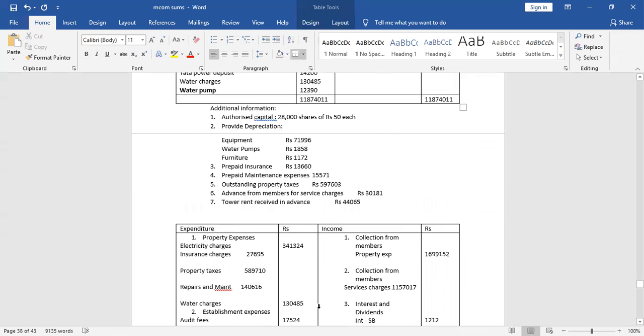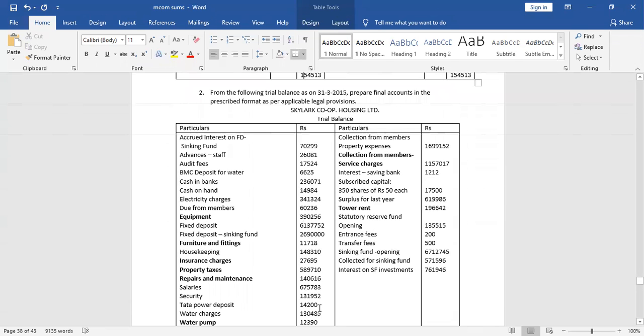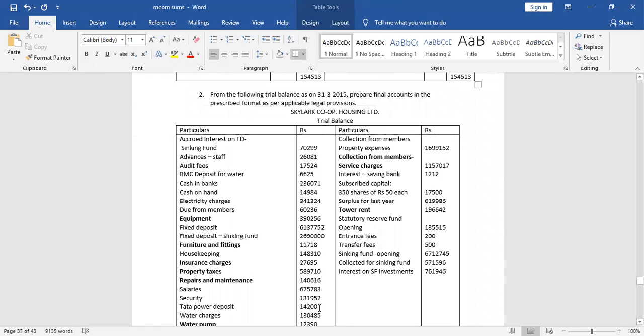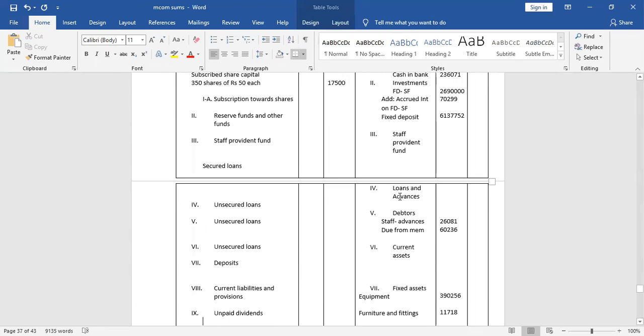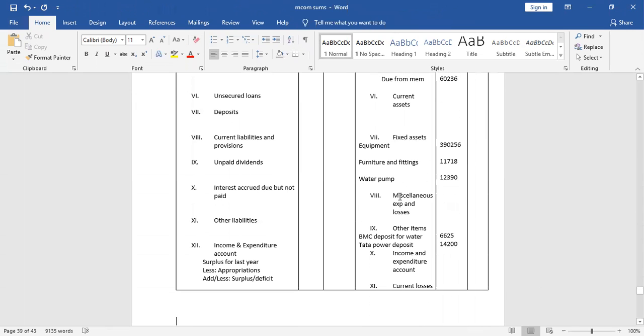This is also done. Now we have tower rent which is having an adjustment. But before that, surplus of last year, 6,19,986. It is a surplus for last year. Surplus for last year we will write.